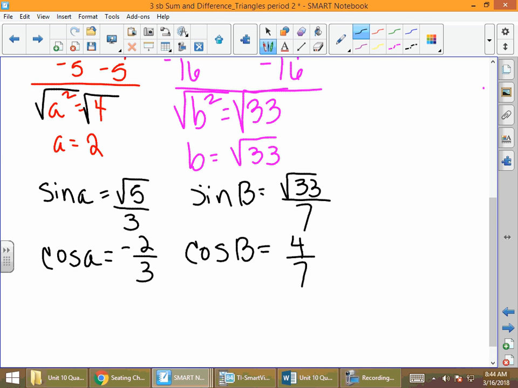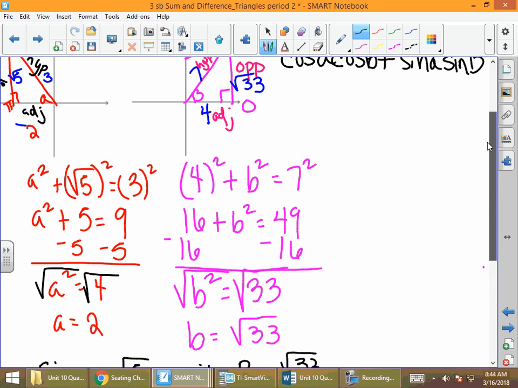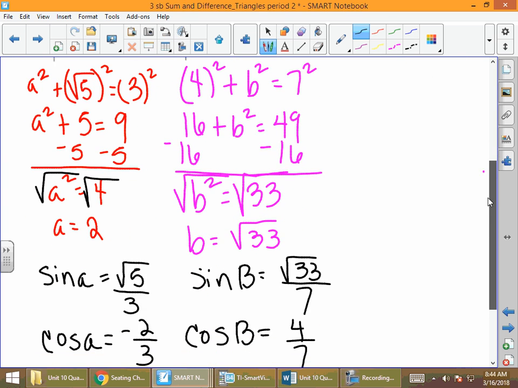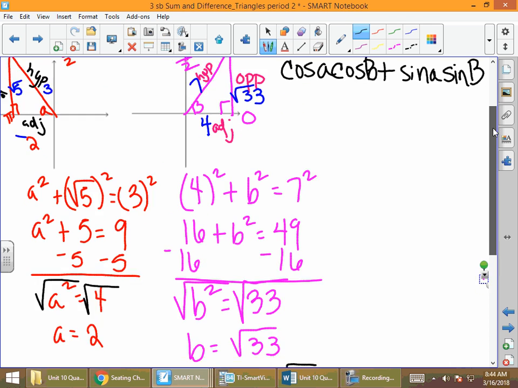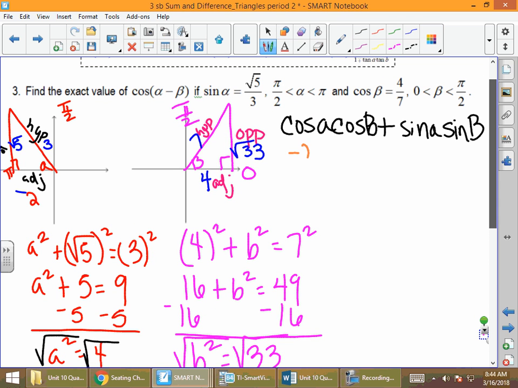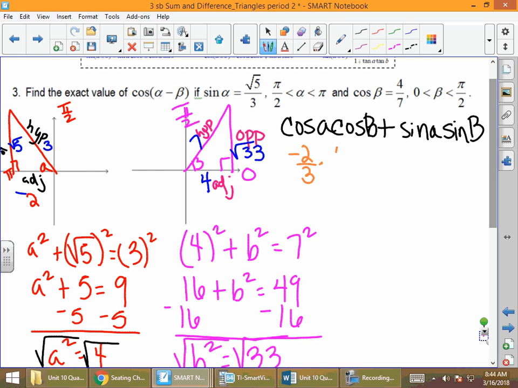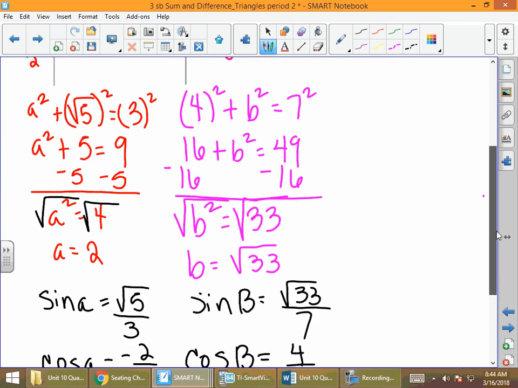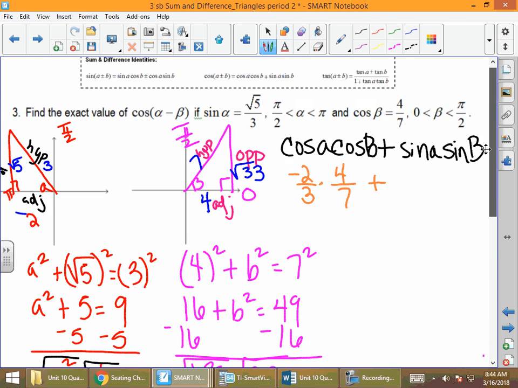So now what we're going to do is finish this by filling it in. So the cosine of alpha is -2/3. And the cosine of beta is 4/7. Sine of alpha is the square root of 5 over 3.